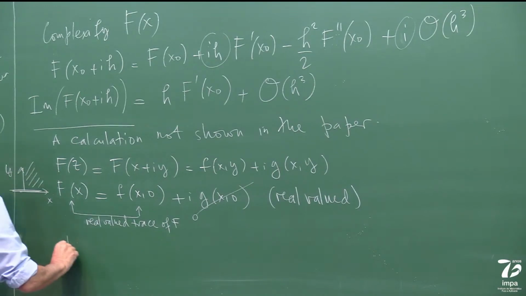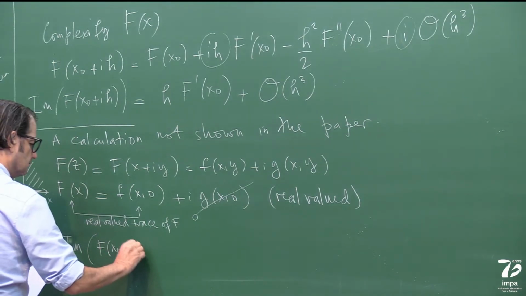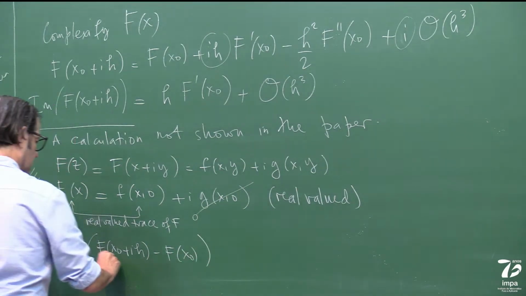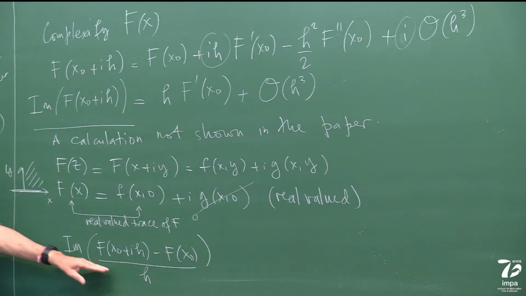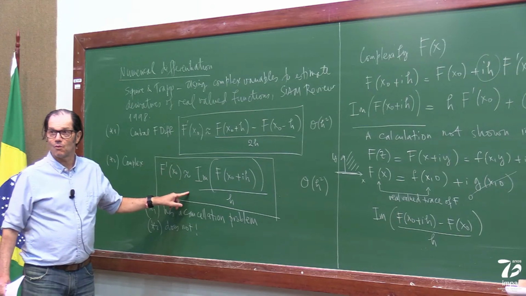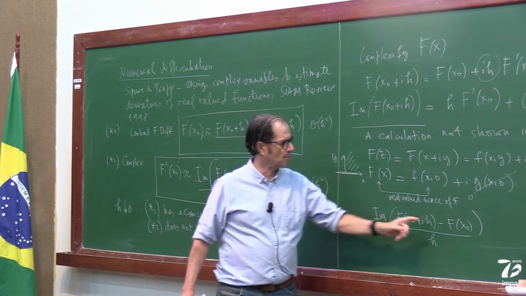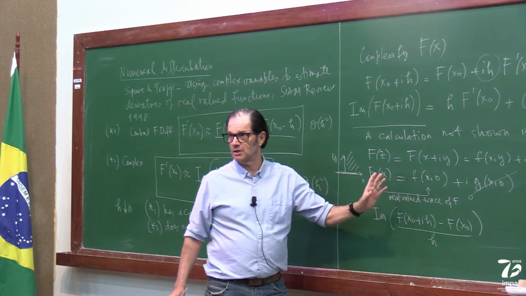Now if I write this, imaginary, this is our formula. Note that this is the same thing as this. Why? Because, well, this is the same, and the imaginary part of this is 0. We just confirmed this. Agree?